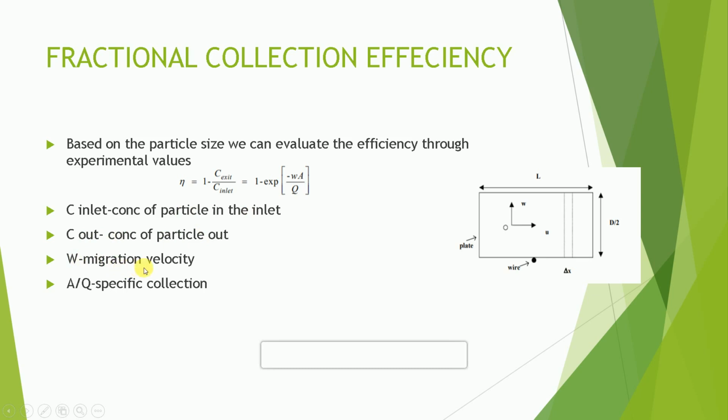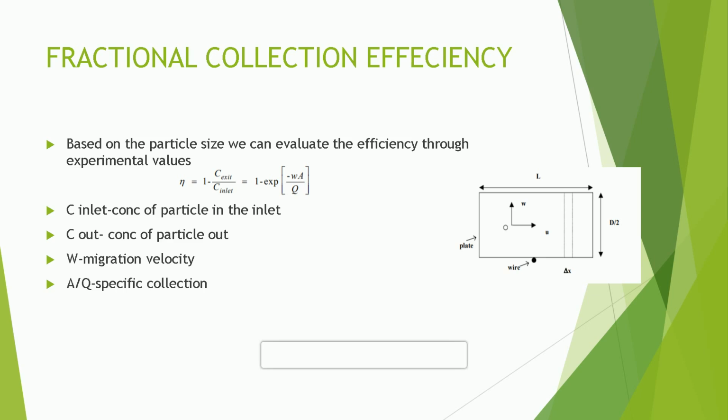W is the migration velocity. Migration velocity relates to the time taken by the dust particles to get charged or discharged. As soon as the dust particle gets charged, it gets attracted to the positive plates.